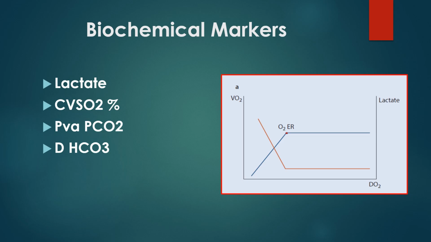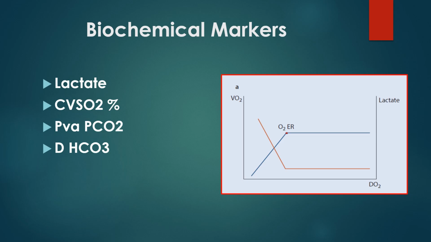Central venous oxygen saturation is a good marker of tissue hypoperfusion. Also the difference between carbon dioxide in the venous and arterial systems: usually there is a 3 to 5 mmHg difference between venous PCO2 and arterial PCO2, and if this difference is greater than 5 to 10, it indicates tissue hypoperfusion.